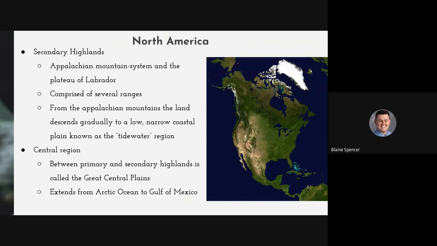This is what comprises the secondary highlands. There are several individual mountain ranges within this mountain system that work their way up and down the East Coast right here and create the secondary highlands in North America.